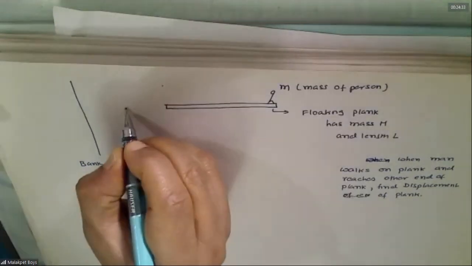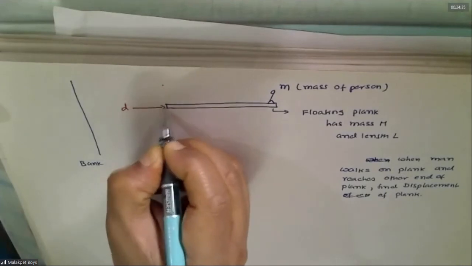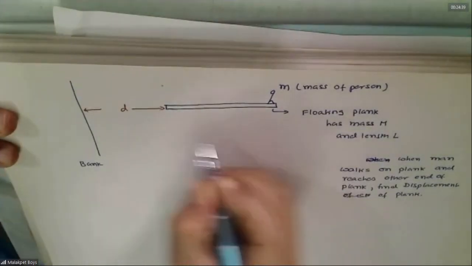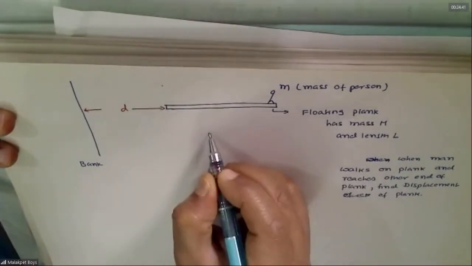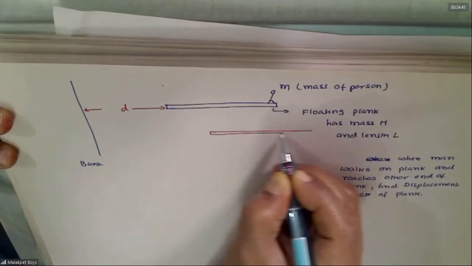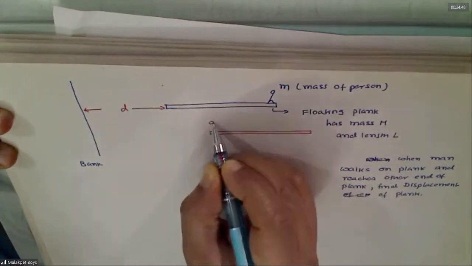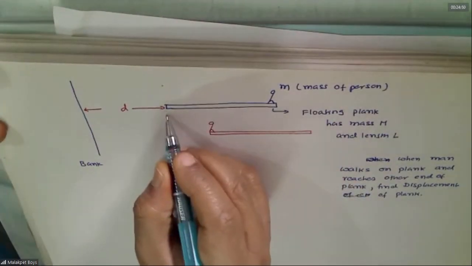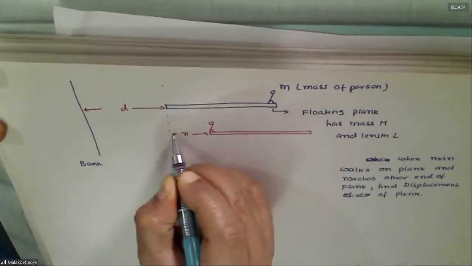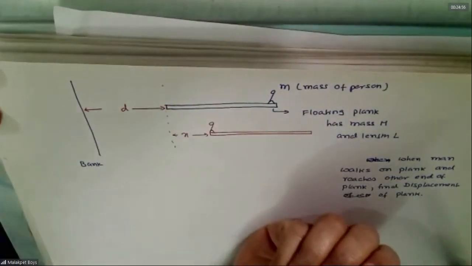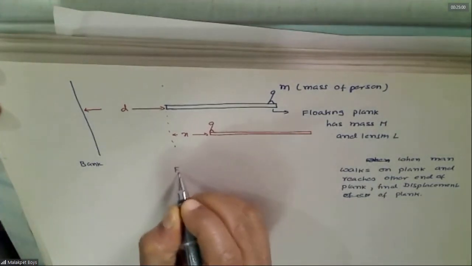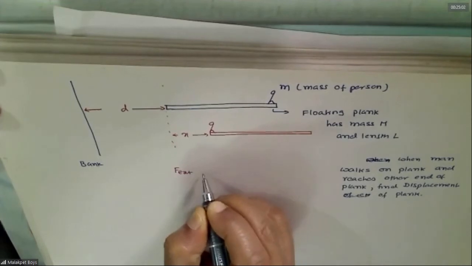Suppose this distance is d from the river bank. Obviously, when the man comes over here, is there any external force?